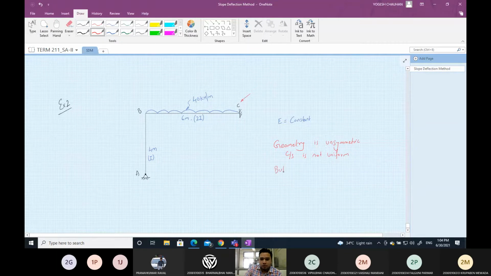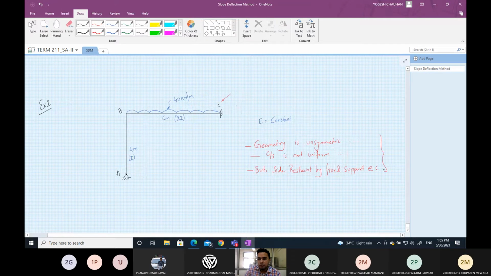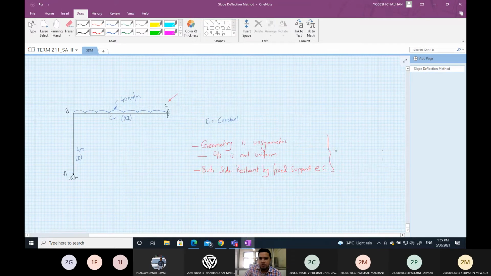The frame is side restrained by fixed support at C. So this implies that our frame is a non-sway frame.